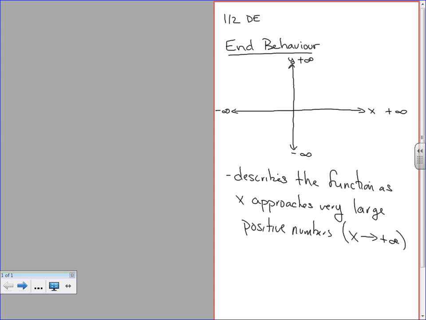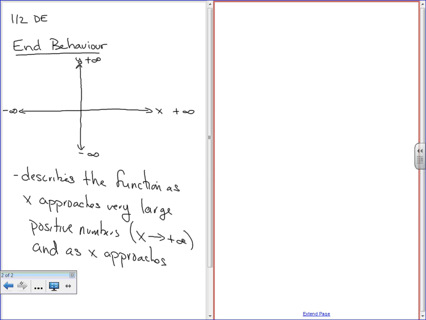So I want to know what the function's doing as it approaches very large positive numbers, and as x approaches very large negative numbers.